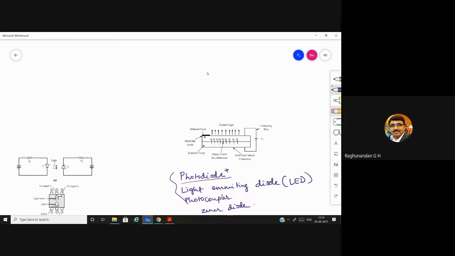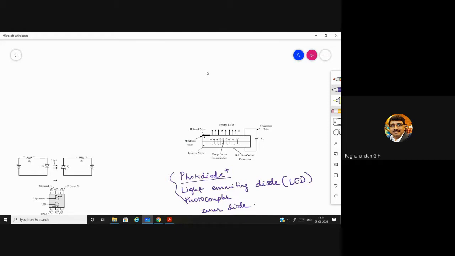These photodiodes have many applications, like we can use them in CD players. When you put a CD into the CD drive, you can see that an optical light is being passed, and at the other end we have a receiver. That receiver is the photodiode.